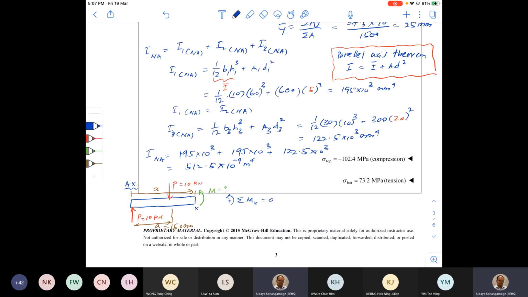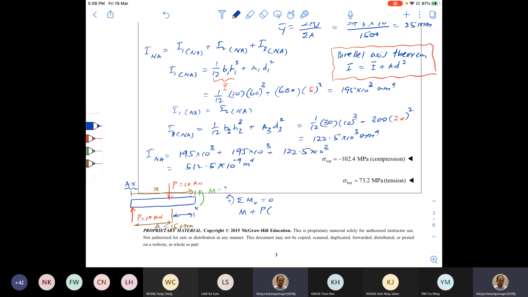So can you write the equation in the symbolic form first? It is equal to M in that same direction, positive direction, and then I take the P, first P is also in the same direction, create the moment P into this distance.